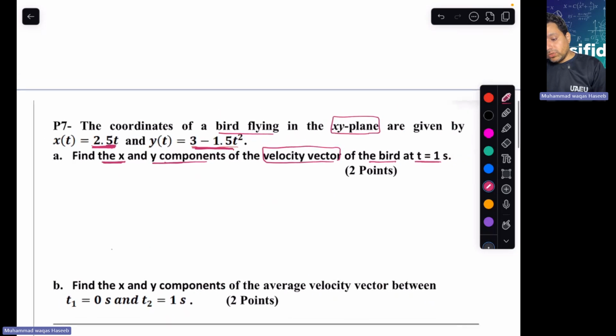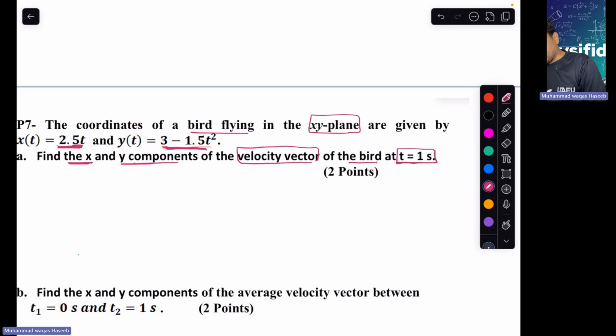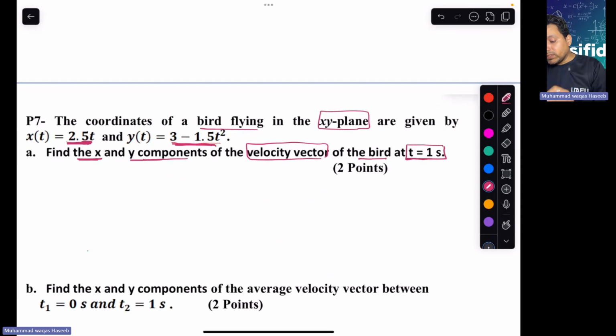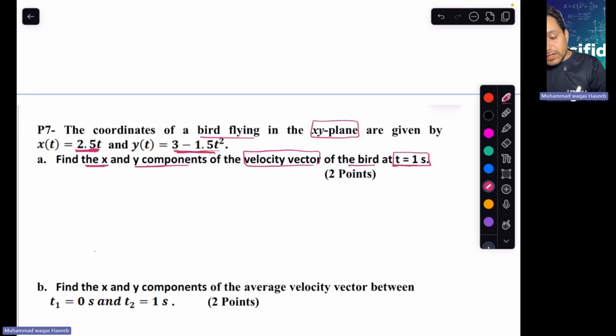Velocity. So what is velocity? If you are calculating the velocity at only one point, this has to be an instantaneous velocity.